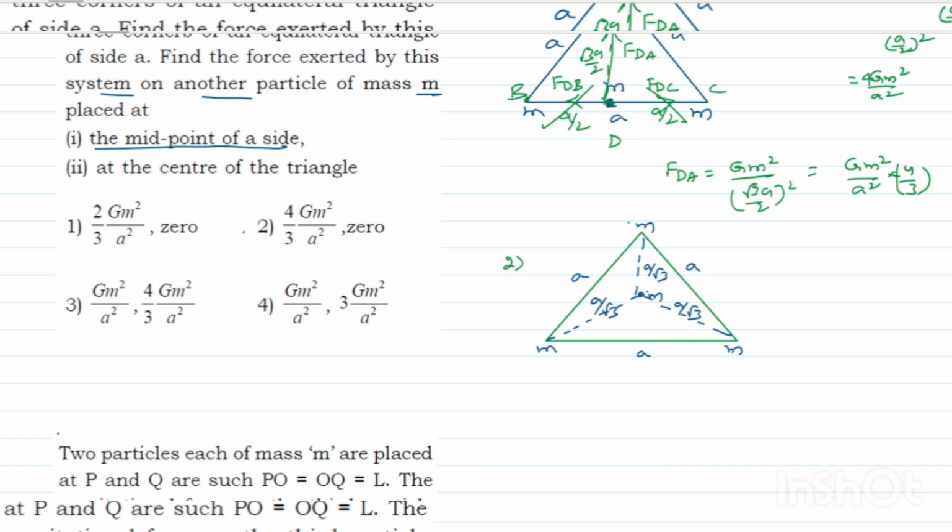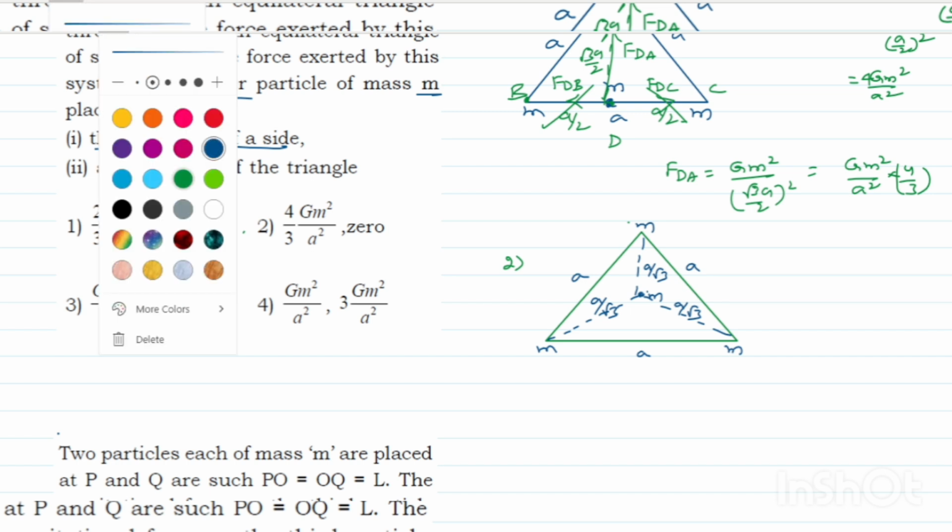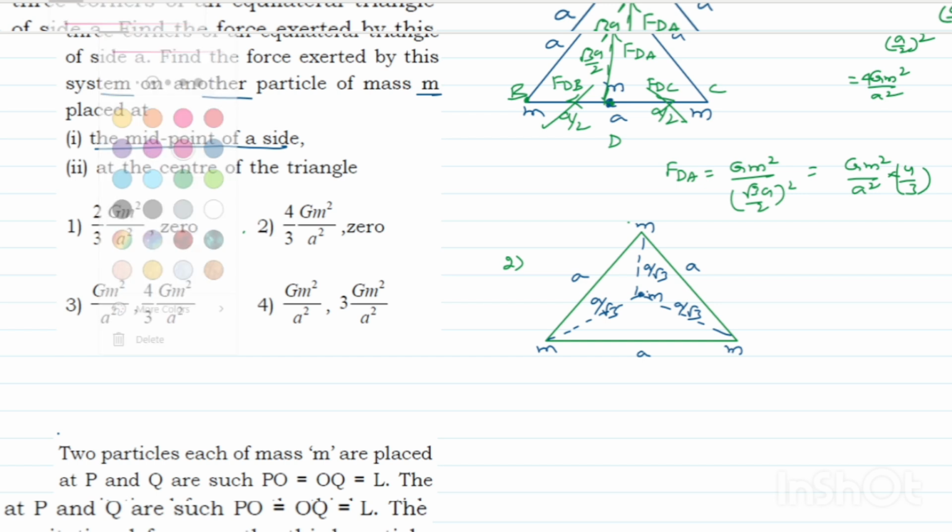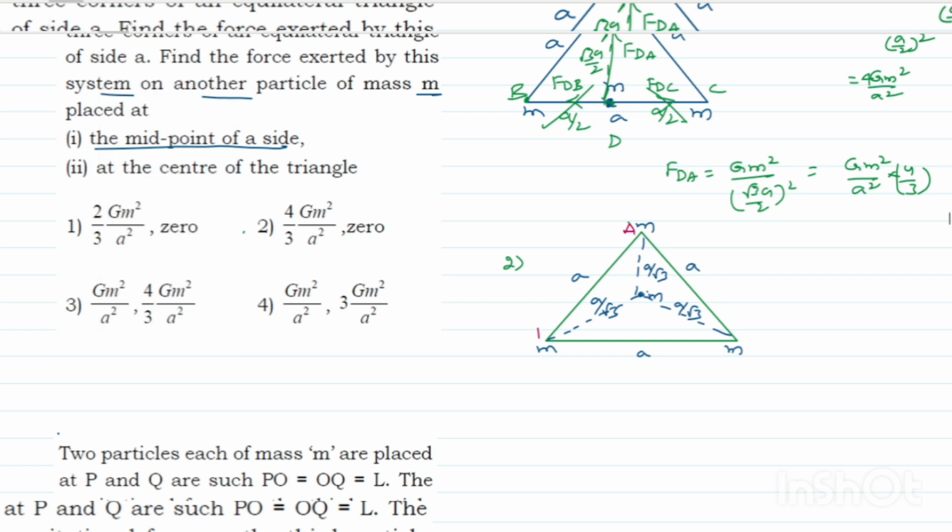Now let us see the scenario. Let us give the names A, B, C, and O is the centroid particle mass. Then O particle will be influenced by B particle along this direction, so FOB will act along this direction. In the same way, O particle can be attracted by C particle along this direction, FOC.